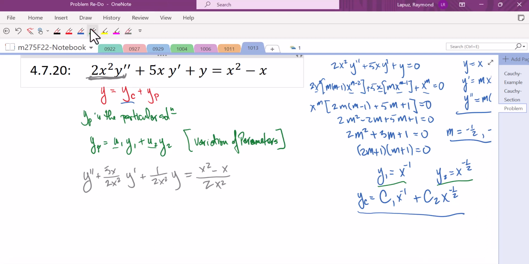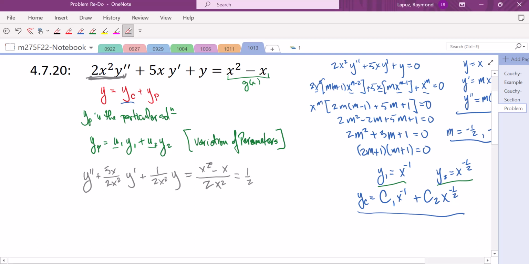Now, in the formulas that we've seen, we often refer to this as your g of x, and then after we can simplify things out, we can refer to this as your f of x. And so, talking about simplifying this out, we can consider this as a 1/2, where the x squareds cancel, and then I have a minus 1/2, and then we have x divided by x squared.